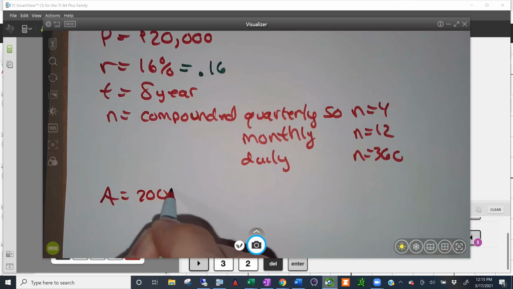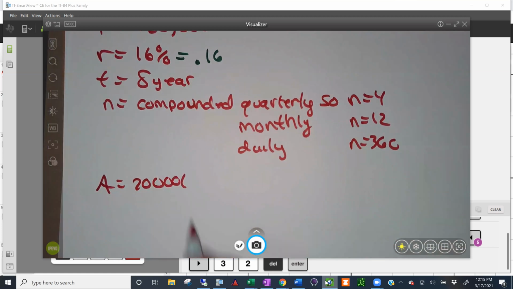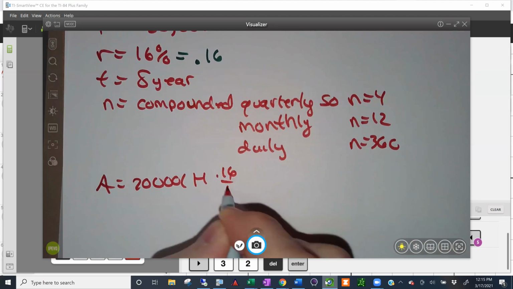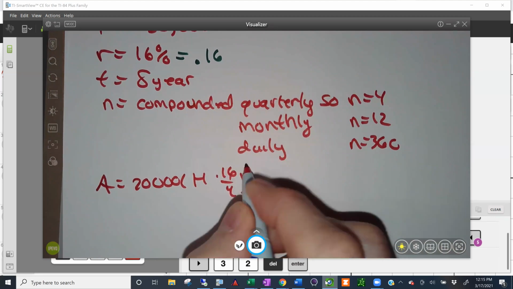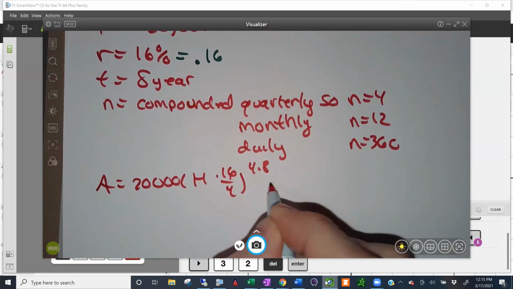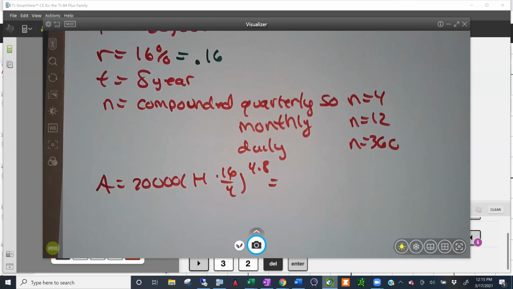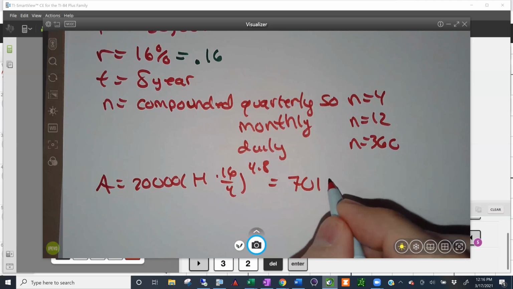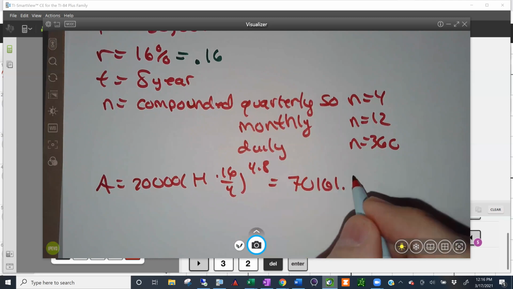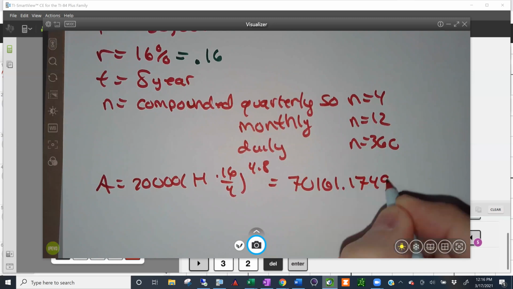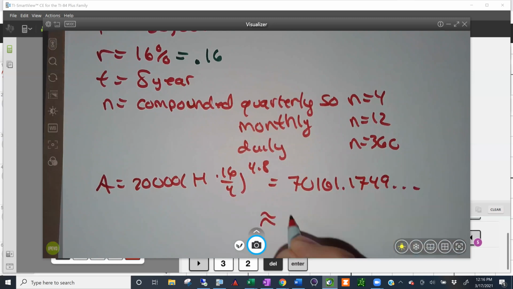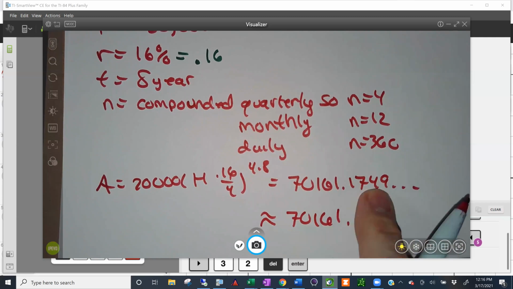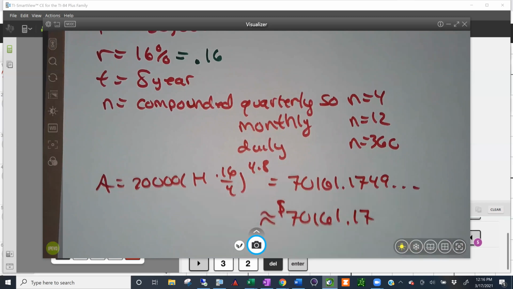I prefer to think of it as the amount that you get, 1 plus 0.16 over 4 to 4 times 8. We give you 70,161.1749. And like I said, you got to round that. Since this is less than a 5, we'll just keep that the same. And there you go.